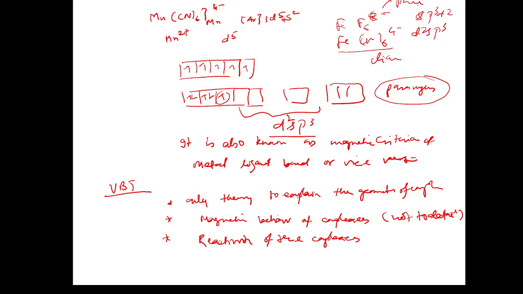So it does not explain why the pairing of electrons happens under the strong field ligand and is not happening with the weak field ligand. Okay, so to explain these things, crystal field theory came into the picture.